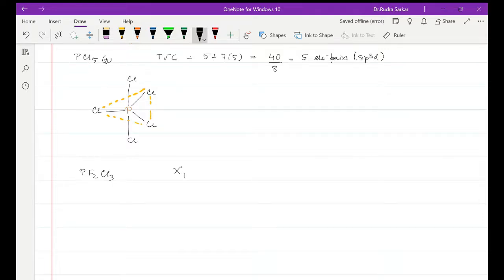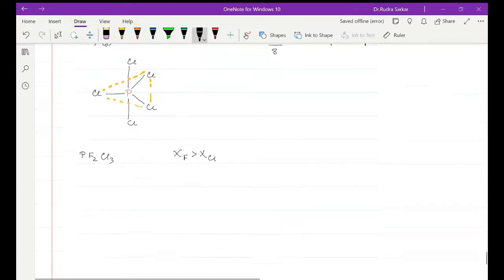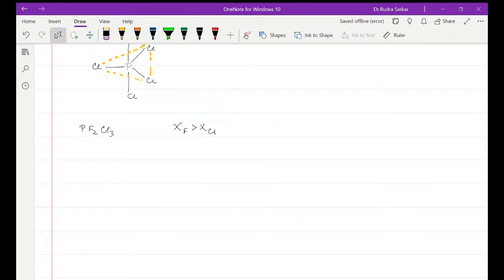We know fluorine is more electronegative than chlorine over here. Hybridization, again, is sp3d, there's no doubt about that. So over here, if we think about placement of the atoms, chlorine being less electronegative will occupy orbitals having more s character.